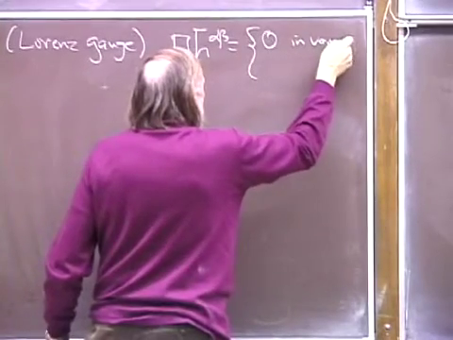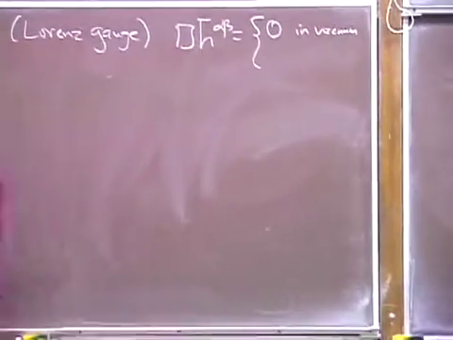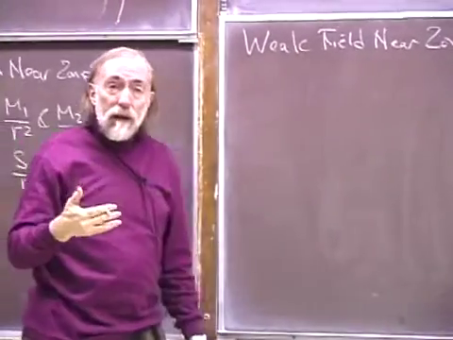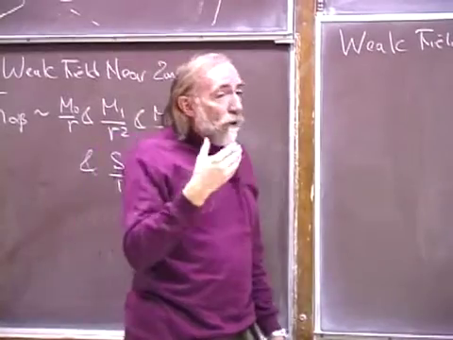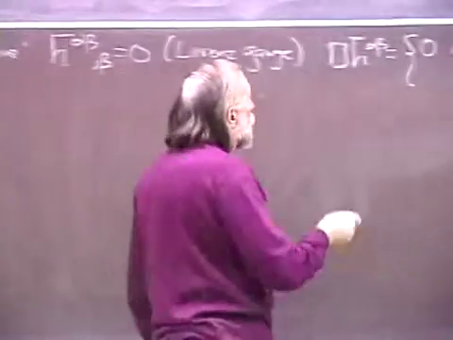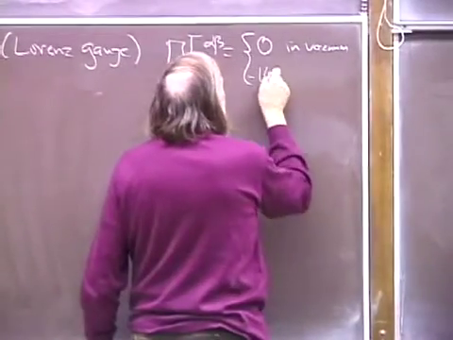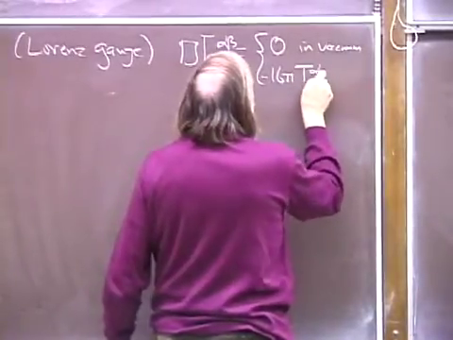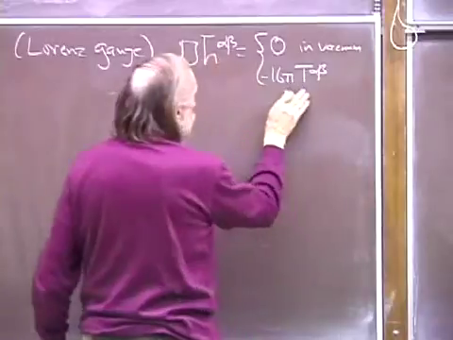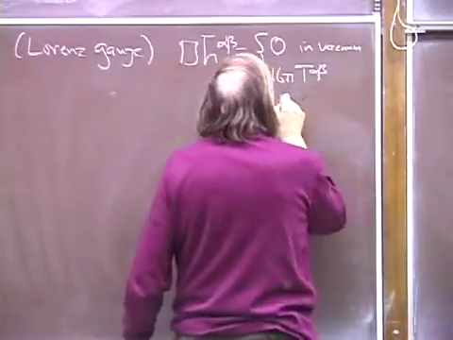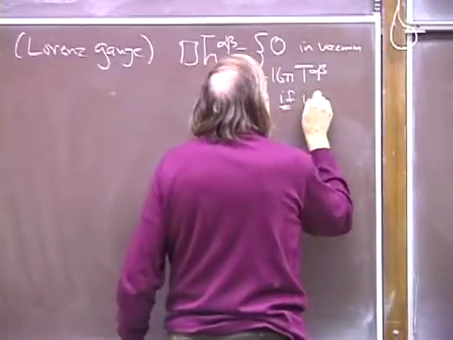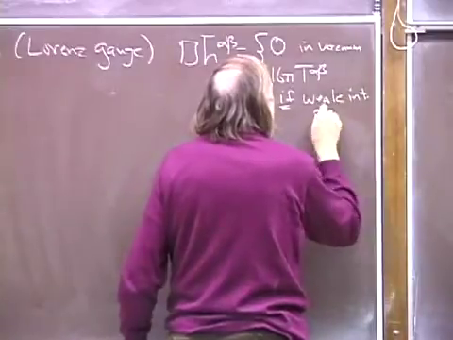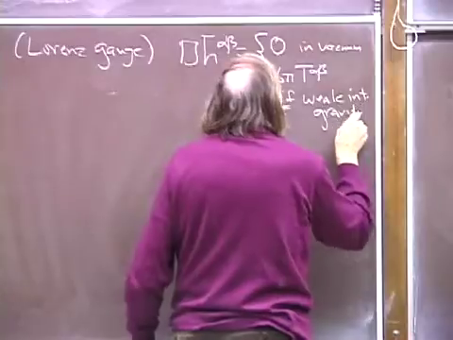But if it turns out that the source has weak internal gravity, and that's a useful case to consider just in order to help get oriented, then this would be minus 16 pi times T alpha beta, where that's the stress energy tensor, if we have weak internal gravity, so we can extend the analysis into the interior.